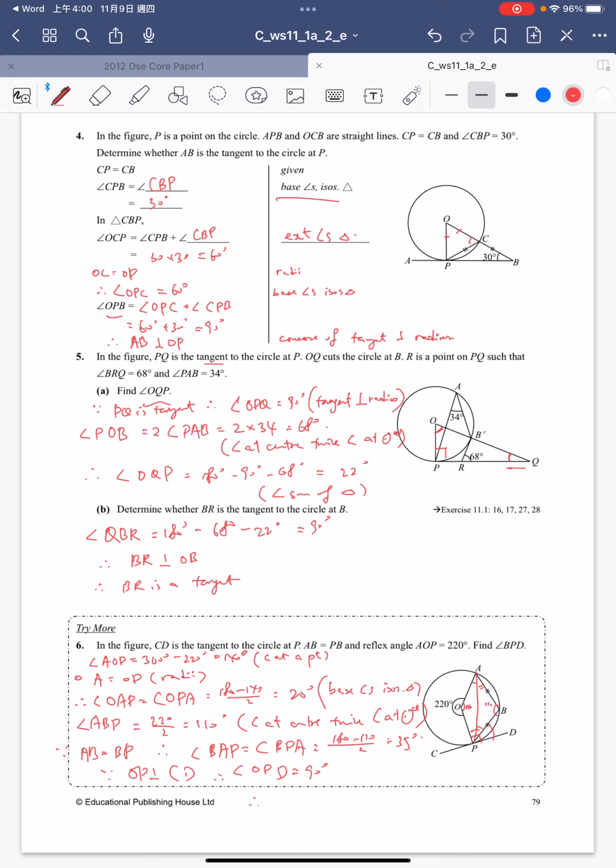So the required angle BPD is equal to 90 degrees minus the first angle, 20 degrees, minus the second angle, 35 degrees. So try to calculate it again. The required angle is equal to 35 degrees.